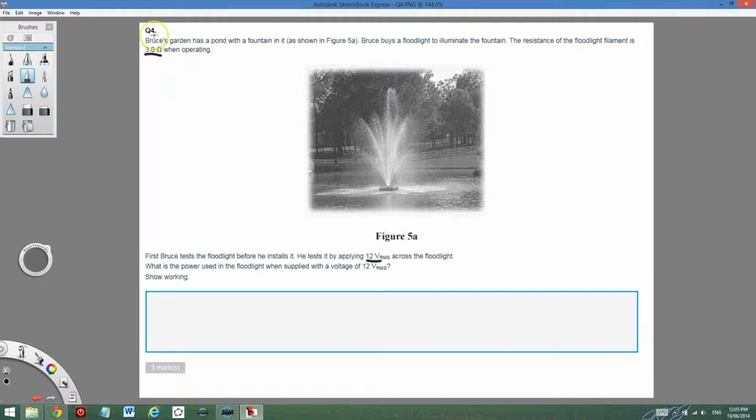So what is the power of that light, that device? Use the equation: the power used will be I squared R, but we don't have current, so what we can do is V squared divided by R. If you don't have this equation, write it down. Normally we don't use it, but if we don't have current, we use that.